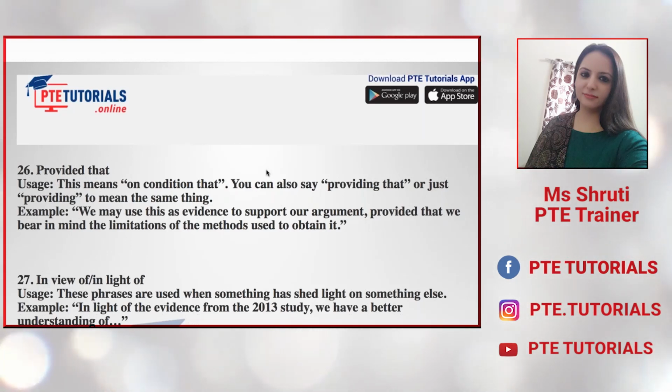In the example, we may use this as evidence to support our argument, provided that we bear in mind the limitations of the methods used to obtain it. The first part is a general statement, an argument, and then we are supporting that using a condition.